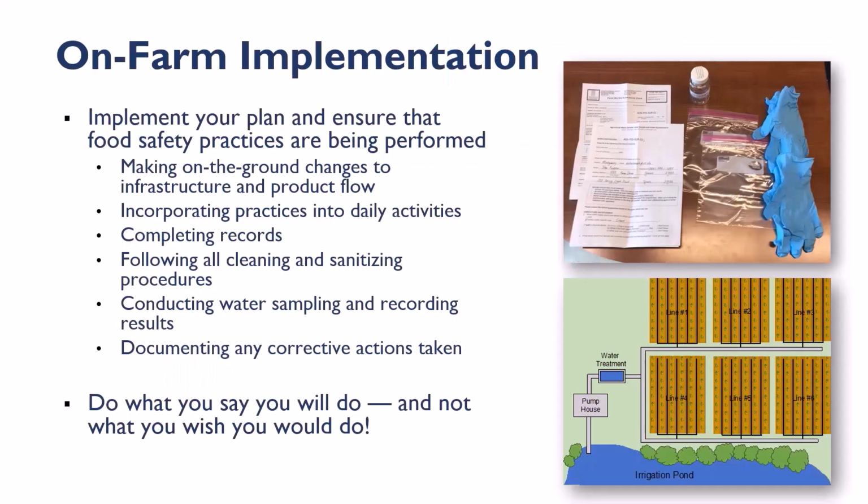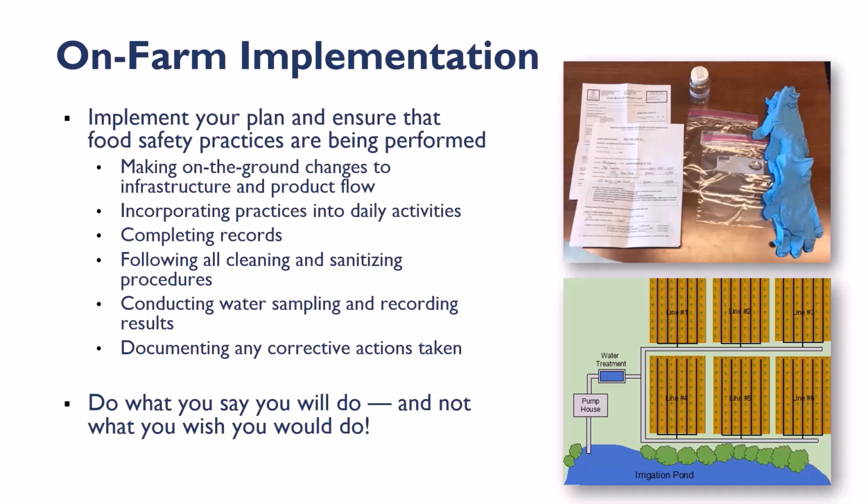Now that your written food safety plan or manual is developed, it is important that you implement your plan on your farm and ensure that food safety practices are being performed. This means making any on-the-ground changes to infrastructure and product flow, as well as incorporating specific practices into the daily activities.